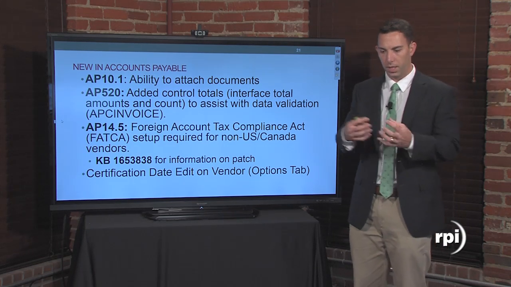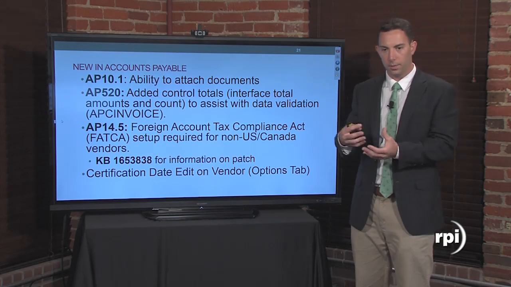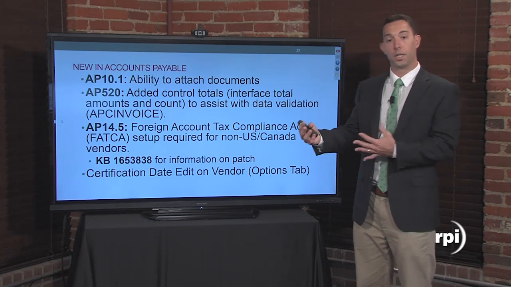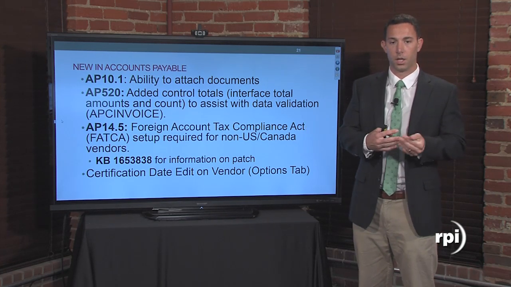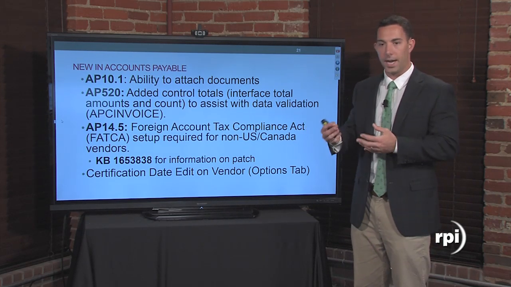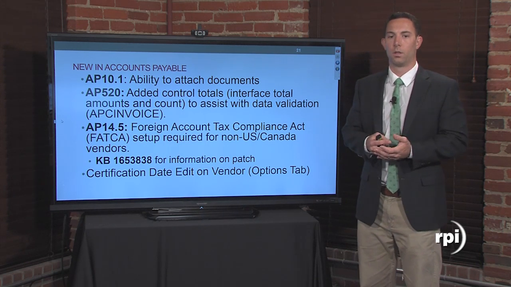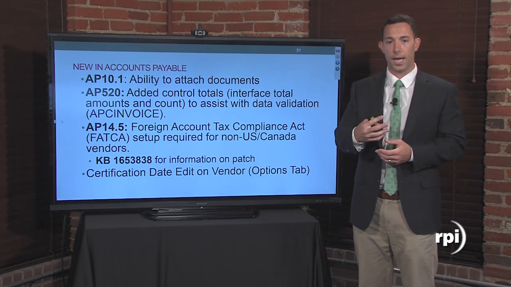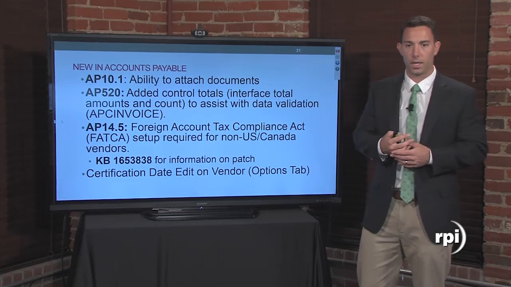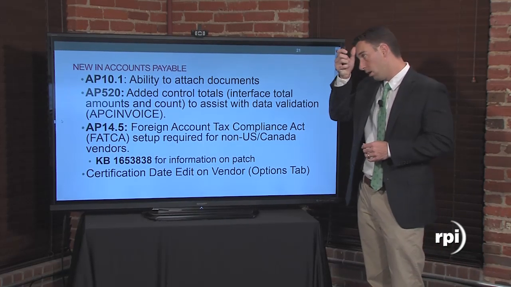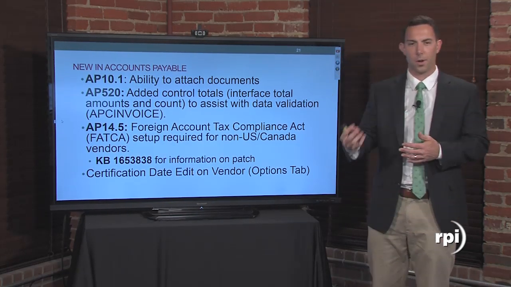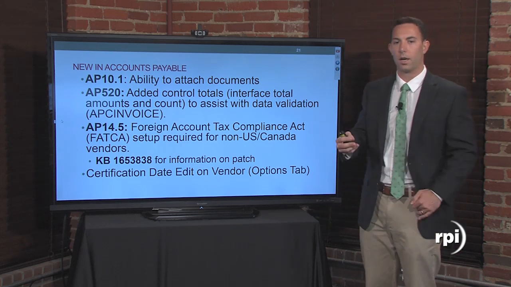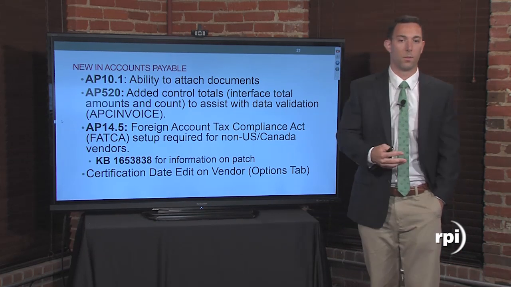So in your APC to invoice or APC to strip file, you have 100 records that you're trying to interface, and only 95 of them get through. So AP 520 is going to tell you that there's a 5 record count discrepancy there, instead of you having to go to AP 52 and inquire to see what's been left over from that run.